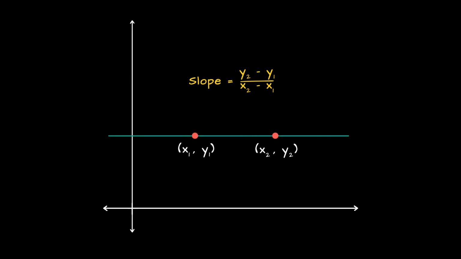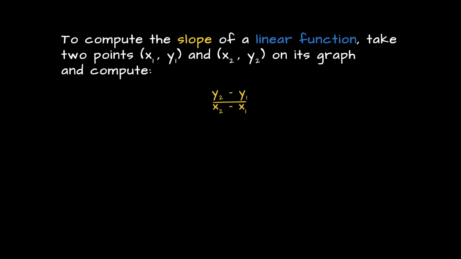And for a function whose graph is a horizontal line, like the one shown here, we see that y1 is actually equal to y2, which makes the numerator of the slope 0, and which therefore makes the slope itself equal to 0. So putting everything together, to compute the slope of a linear function, what we do in general is take any 2 points, (x1, y1) and (x2, y2), on the graph of that function, and we compute y2 minus y1 divided by x2 minus x1.